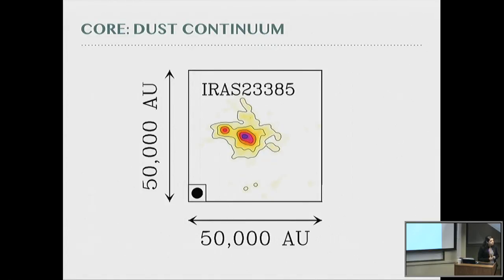So we've done primary beam correction for the... But the objects outside of the primary beam will not have sensitivity to detect them. I'm just wondering whether those are biased because of the primary beam, that you see fragments closer to the center of the map. Perhaps, but I think we set our phase centers obviously at the highest peak, at the highest mass luminosity.